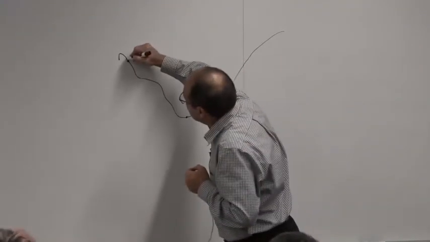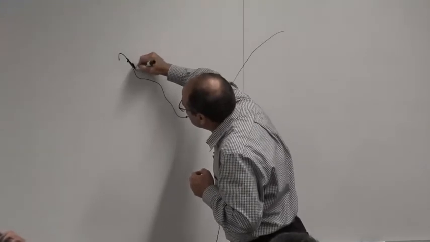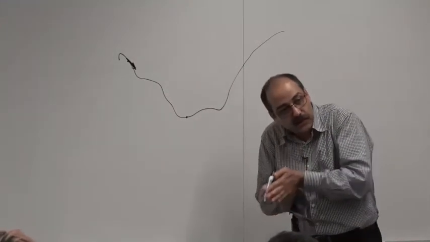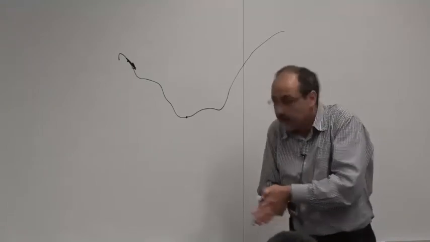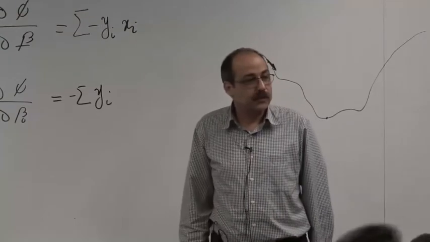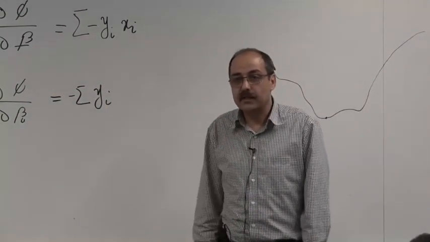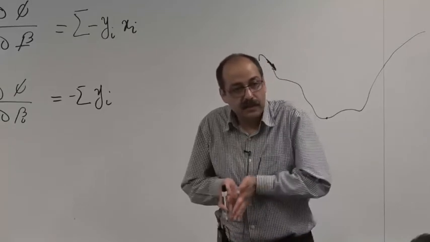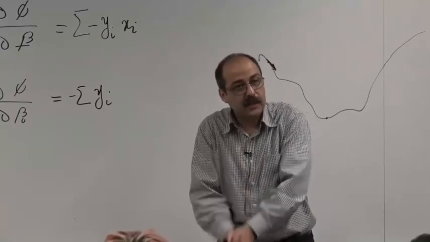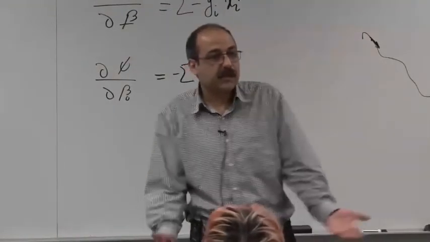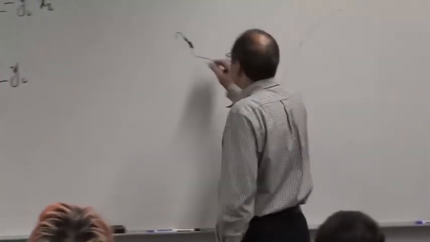Basically, it tells me the direction toward the minimum. Then I take one step toward the minimum, compute the gradient again, and the gradient tells me the direction again. Then toward that direction, I take another step. It's a very simple algorithm. It's called gradient descent.